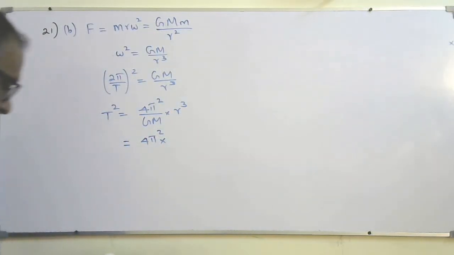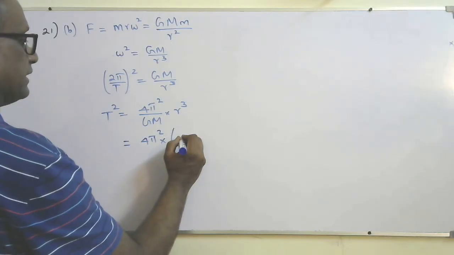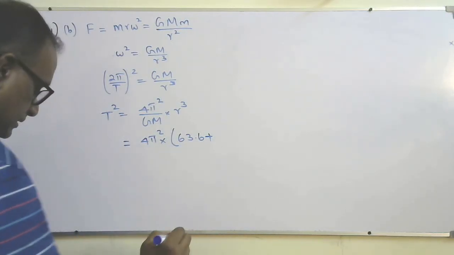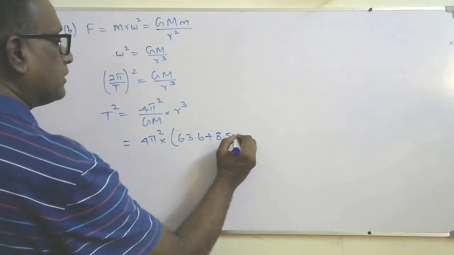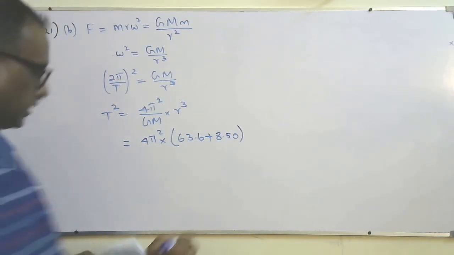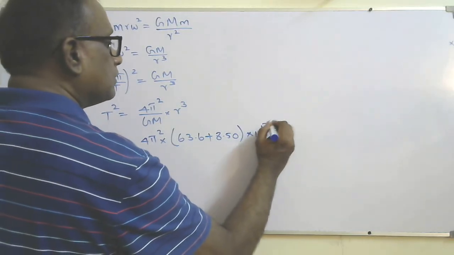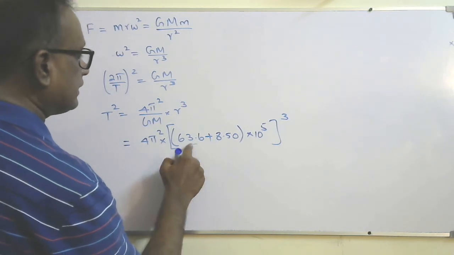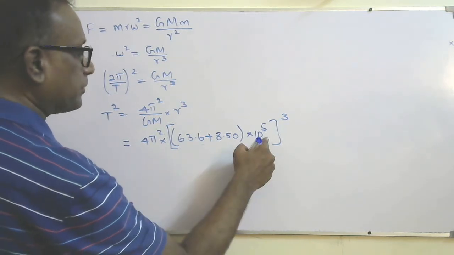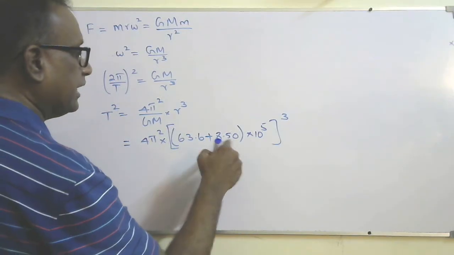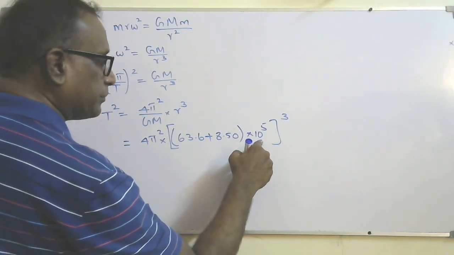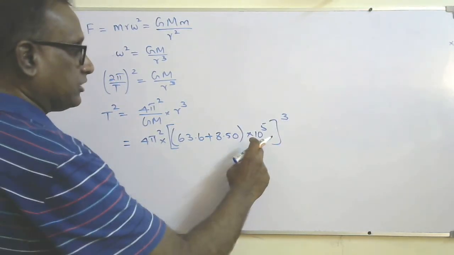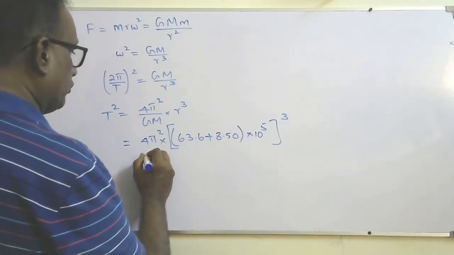So the radius of the Earth can be given as 63.6 plus 8.50, putting everything in 10 to the power 5, all in cube. 63.6 into 10 to the power 5 meters is the radius of Earth, and 8.50 into 10 to the power 5 is the height of the satellite above the surface of Earth, all cubed, over GM.